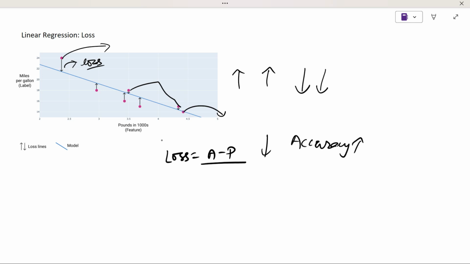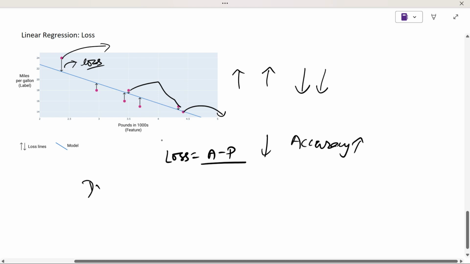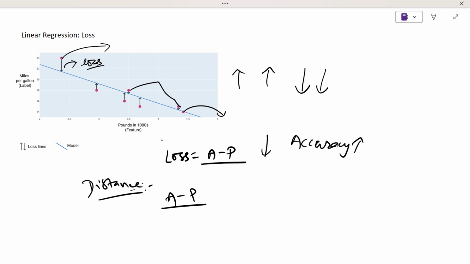Now in this figure, we can visualize the loss as arrows drawn from the data points to the model, and the arrow shows how far the model's predictions are from the actual values. Now let's talk about the distance of the loss. So the distance of loss is actually actual minus predicted values. As distance cannot be negative, there are two methods through which we make the distance positive.